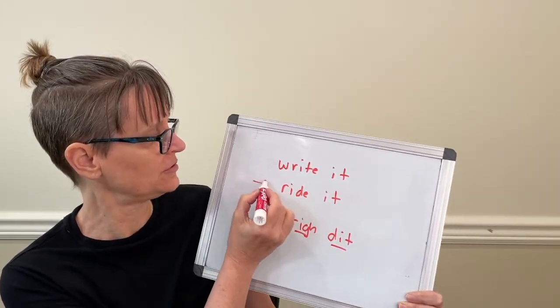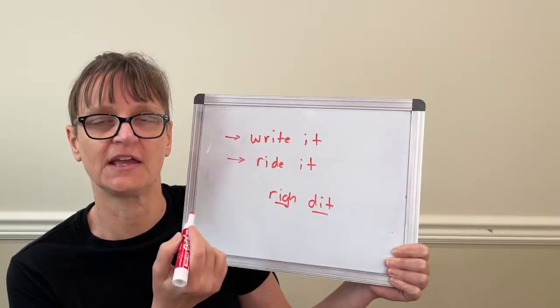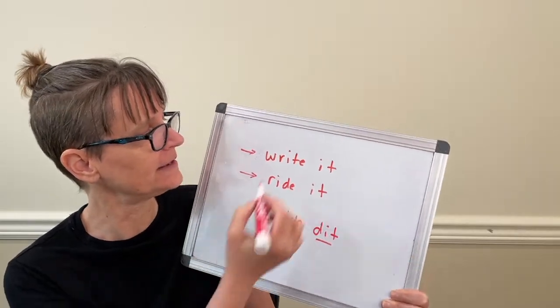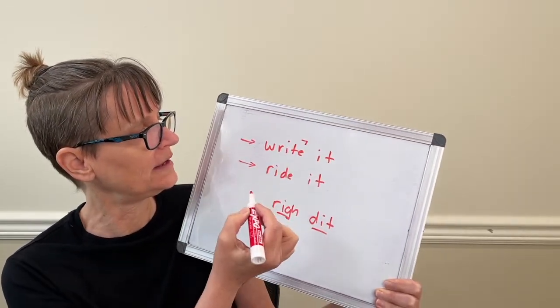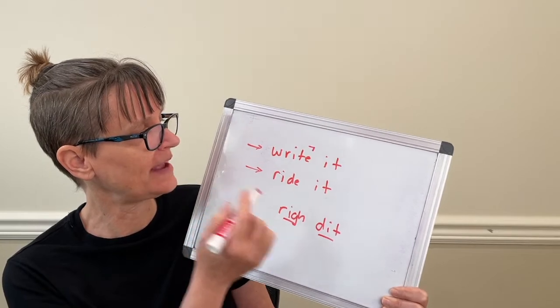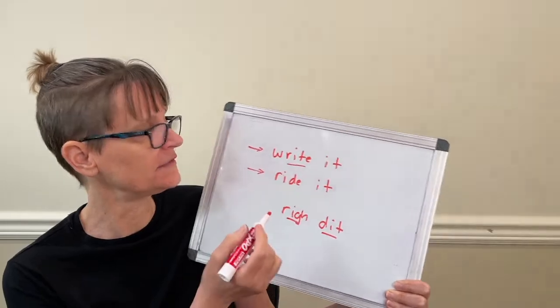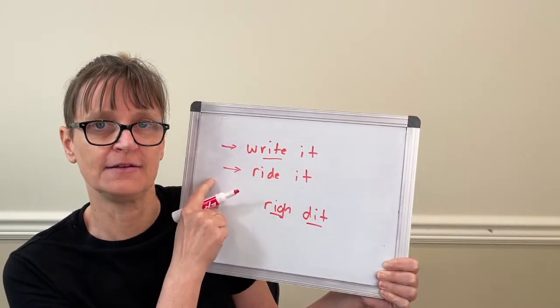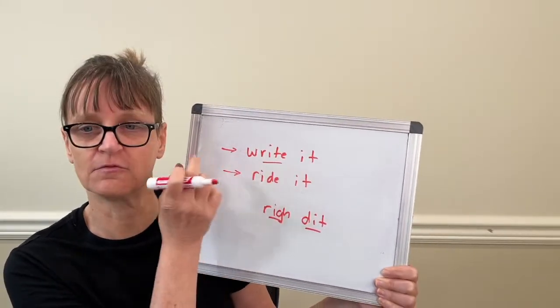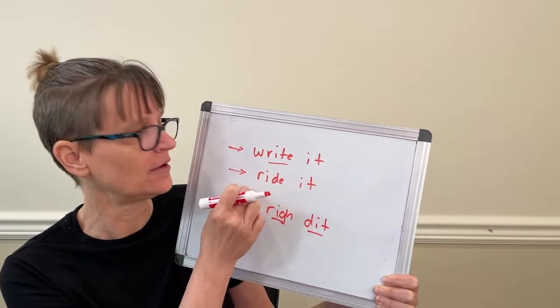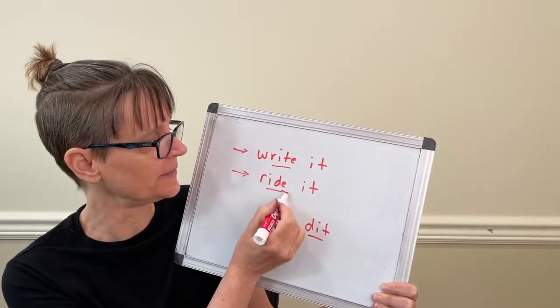But they don't sound the same because when we say write it, write it, we make that vowel shorter. So the difference between write and ride, if I'm just saying them by themselves, is that write is going to be very short, ride is going to be longer.